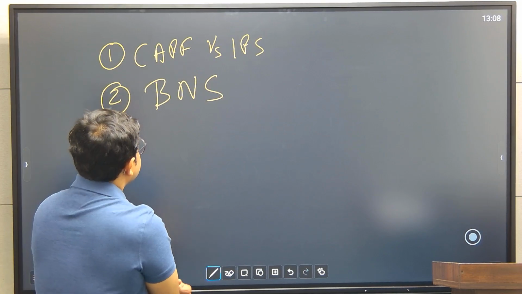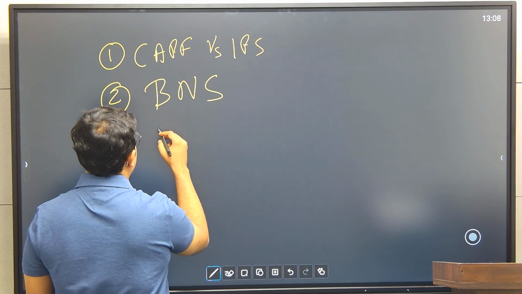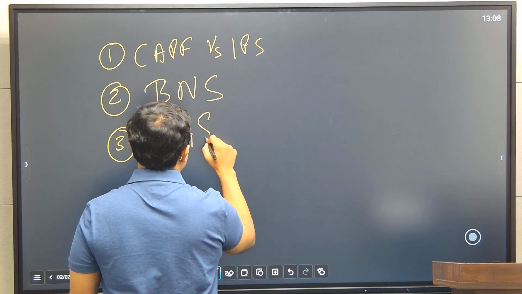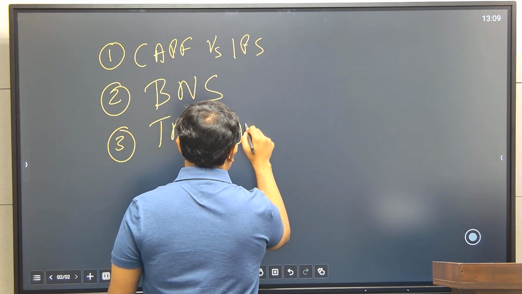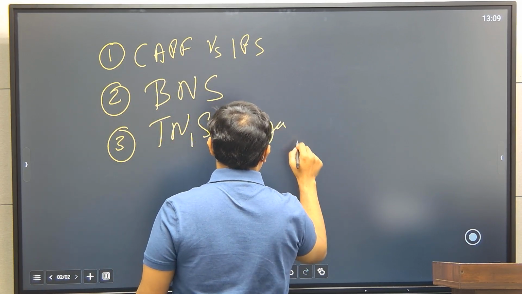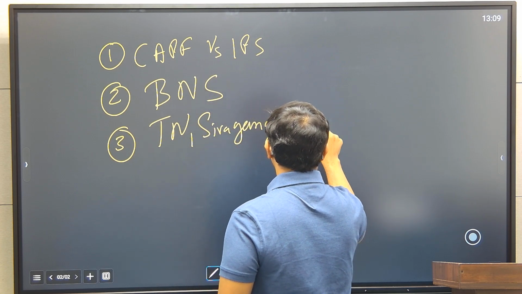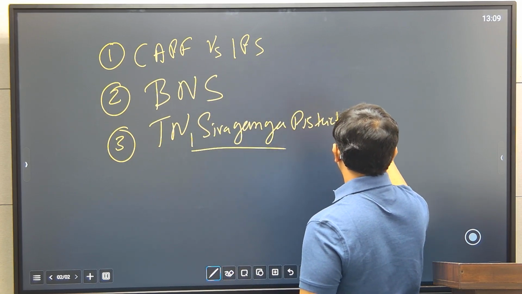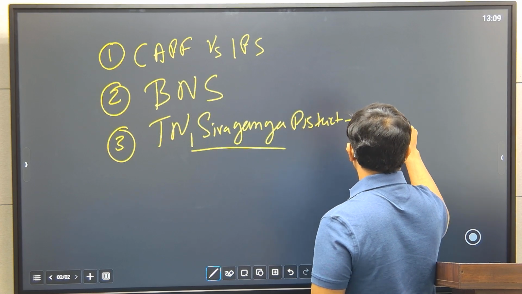Then we'll go to Tamil Nadu, Sivaganga district. Why are we going there? Custodial death, torture by the police.